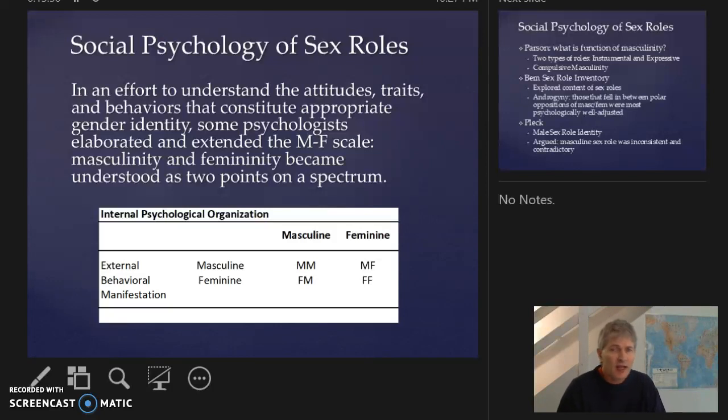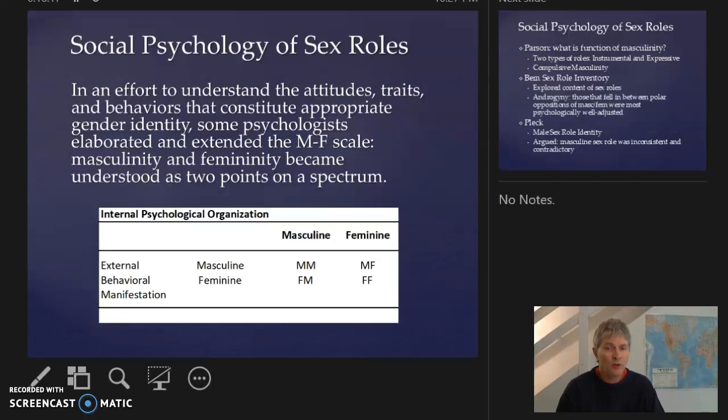In an effort to understand the attitudes, traits, and behaviors that constitute appropriate gender identity, some psychologists took it upon themselves to elaborate and extend the masculine-feminine scale that we talked about earlier. And masculinity and femininity became understood as two points on a spectrum.